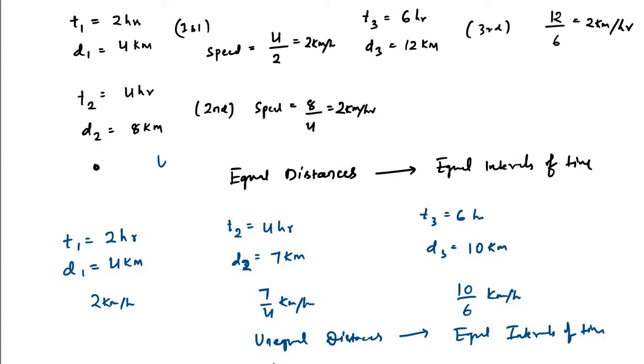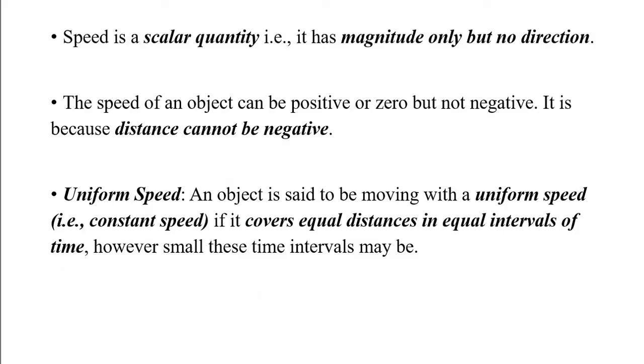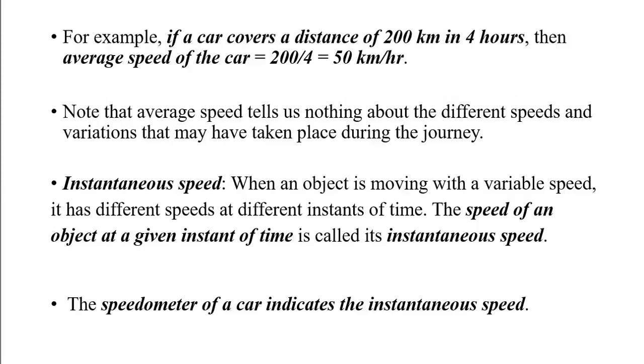This is uniform speed. This is variable speed. An object is said to be traveling with variable speed if it covers unequal distances in equal intervals of time.